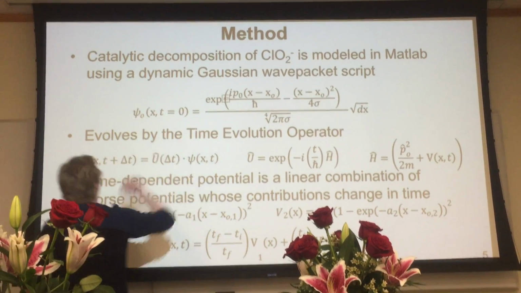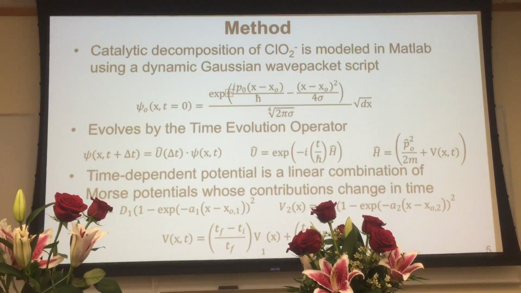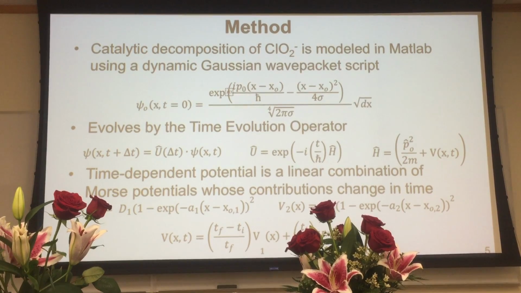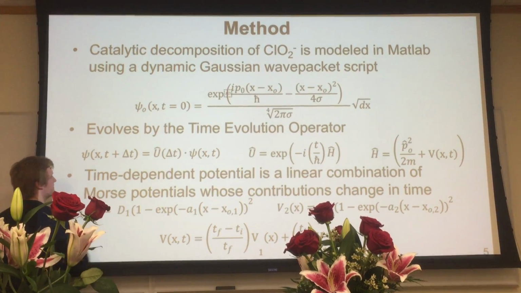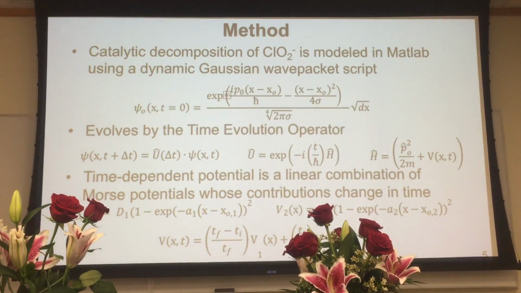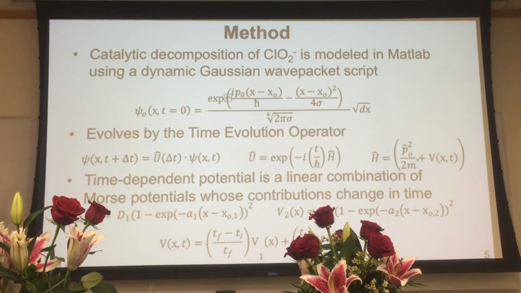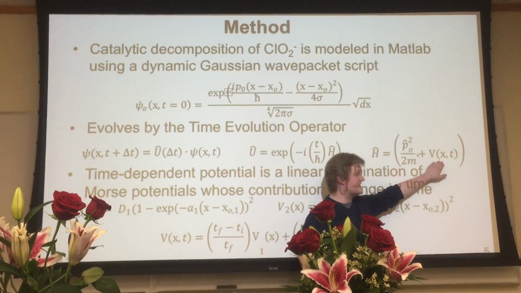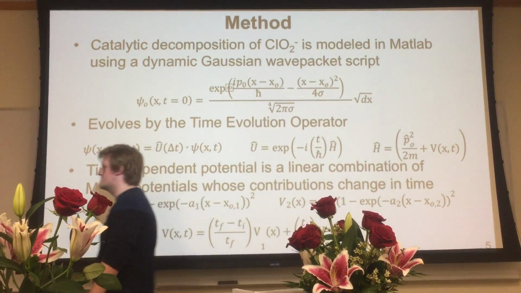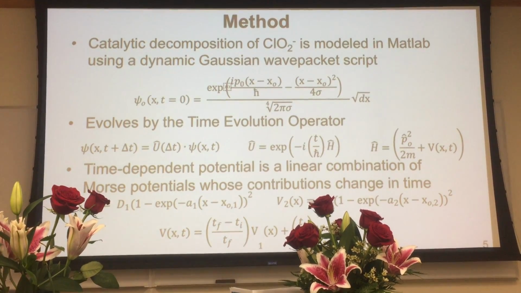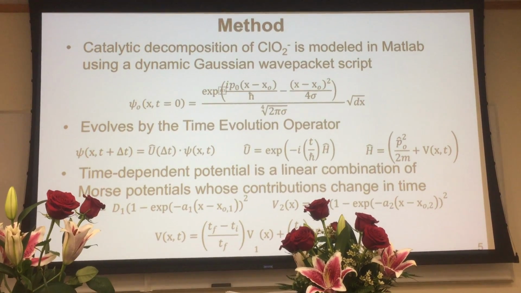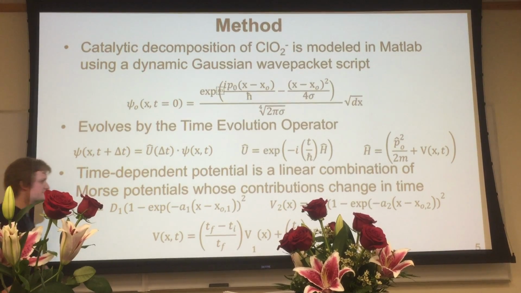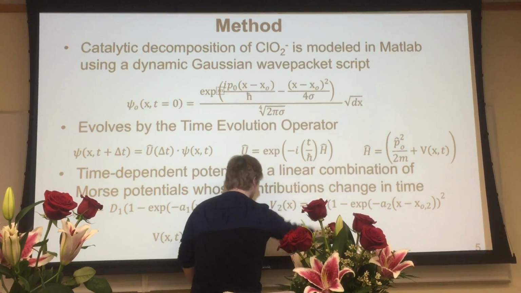This is a little strange, but notice how it is dependent on momentum. It will evolve in time by the time evolution operator, shown here as U, which has a Hamiltonian dependent on both momentum for the kinetic energy portion and a time-dependent potential, which will be reflected by the potential energy associated with uncatalyzed decomposition, V1, and the catalytic decomposition, V2.